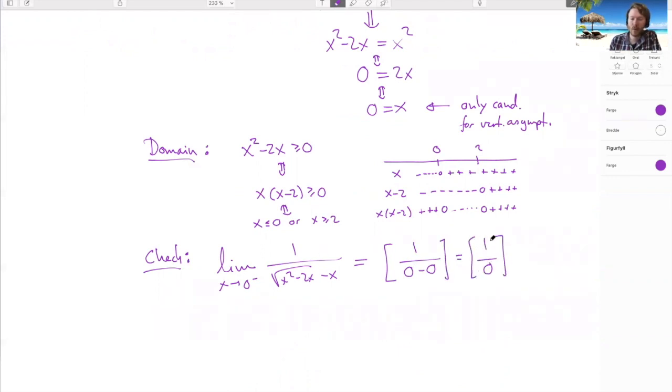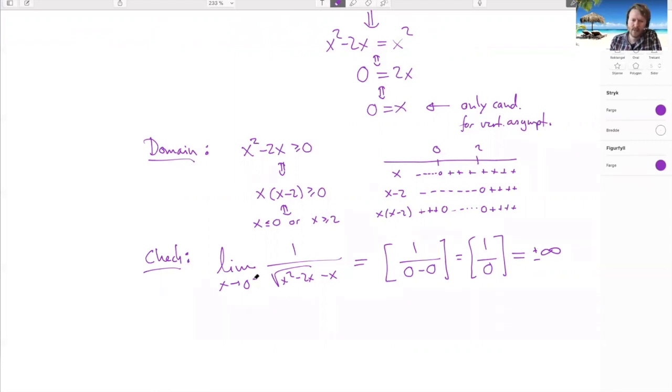I'm getting a 1 up here, and something that gets closer and closer to 0 down here, which means this thing is infinity. Well, it's either plus infinity or minus infinity. I'm not quite sure at this point, but I'm definitely getting a vertical asymptote here.